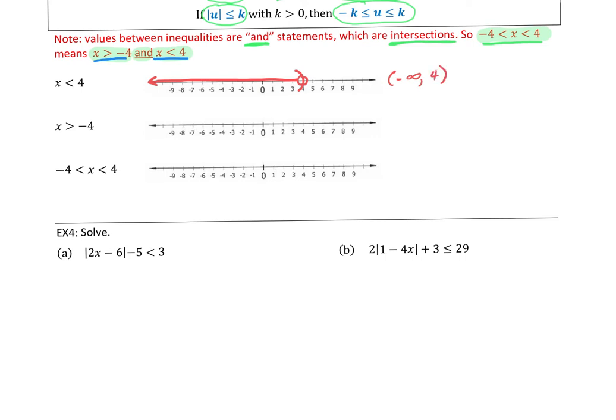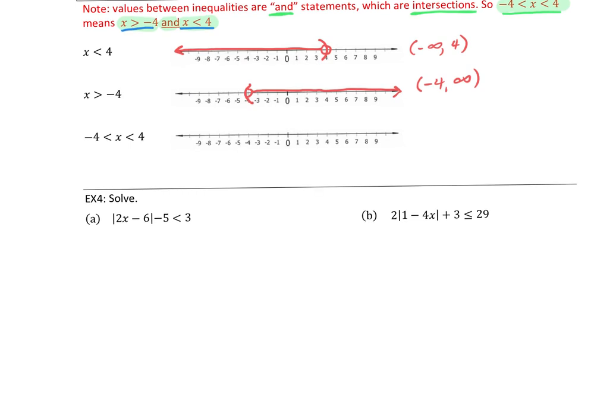If I were to graph x greater than -4, so it's -4 not included, but everything larger than -4, again that would be a parenthesis, and the interval would be -4, infinity. So let's look at -4 less than x less than 4, which is what we're saying the solution should look like.